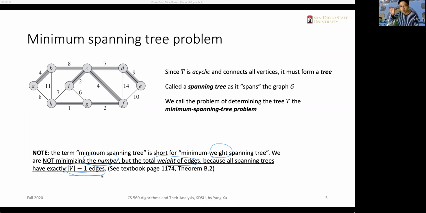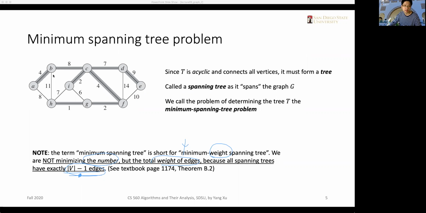Because we are spanning over the graph and we need to connect all the V vertices, that makes sure that the number of edges is V minus 1. So there's nothing to be optimized in terms of the number of edges, but it's the total weight of the edges to be optimized.